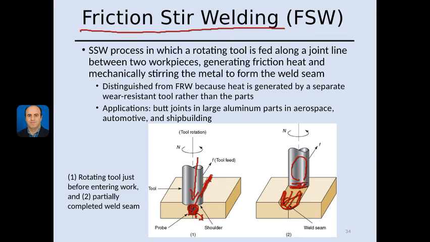It has a lot of applications in the shipbuilding and automotive industries, as well as in aerospace, for joining thick aluminum parts together, and the process can be used for joining dissimilar plates.